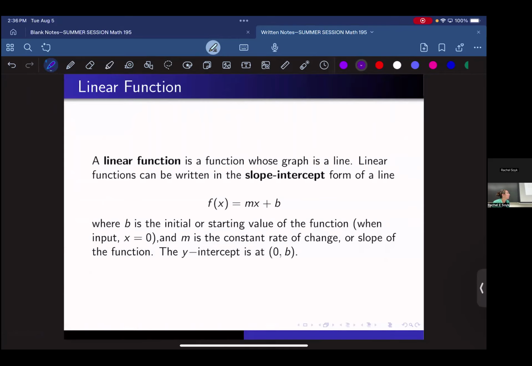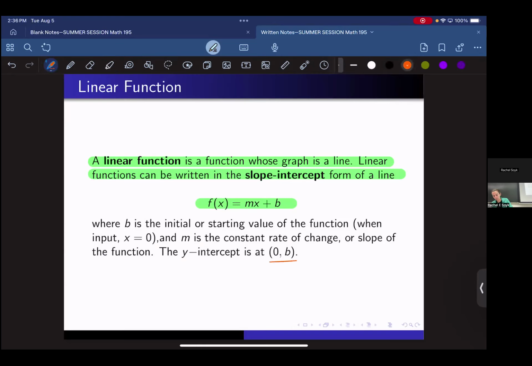We have some definitions. A linear function is a function whose graph is a line. Linear functions can be written in that mx plus b format. Or from a function notation perspective, f of x is equal to mx plus b. B is your y-intercept. M represents your slope.